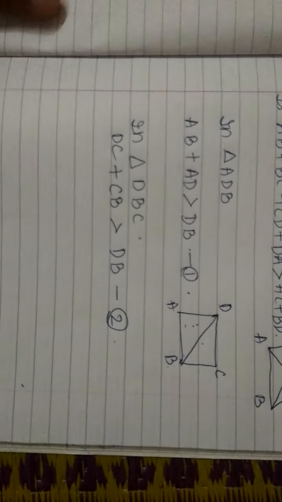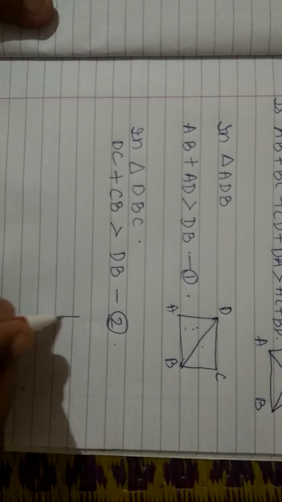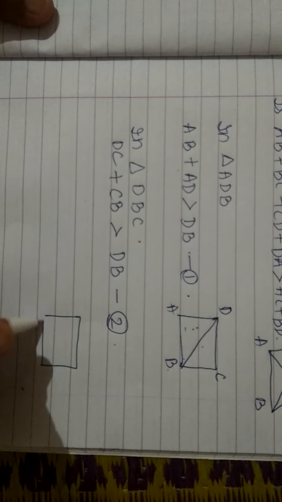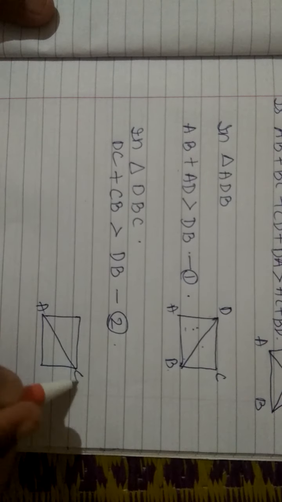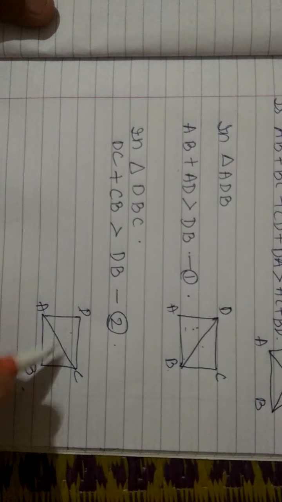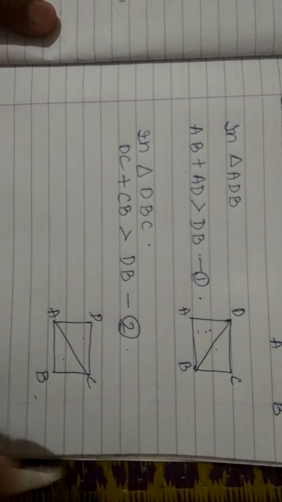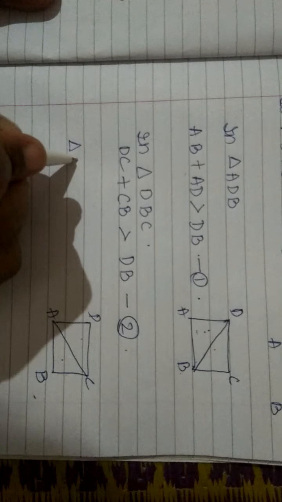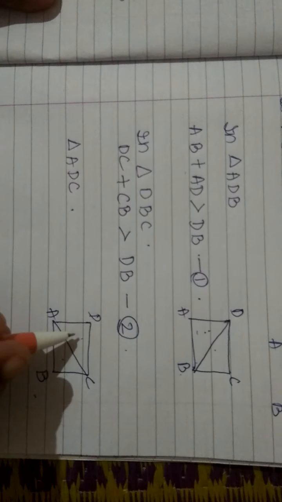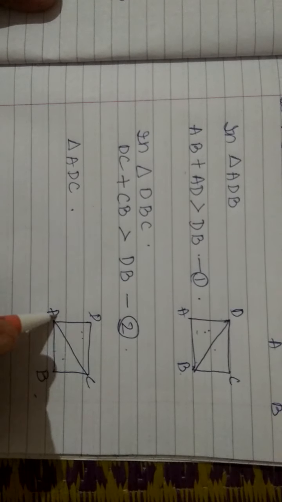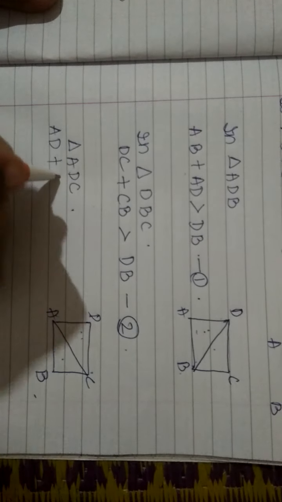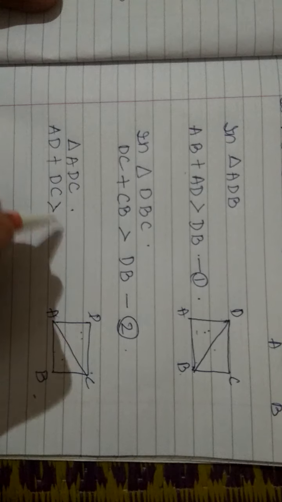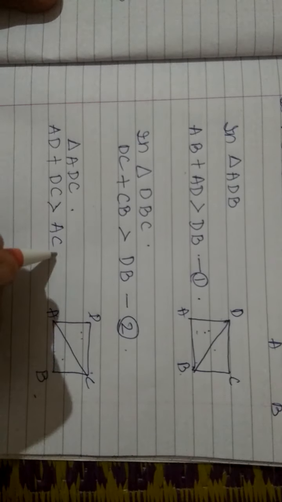Reason, children: the sum of the two sides of a triangle is always greater than the third side. Now children, again we will draw this quadrilateral and now we will have the diagonal AC. Here also we see two triangles. First, triangle ADC: AD plus DC is greater than AC.